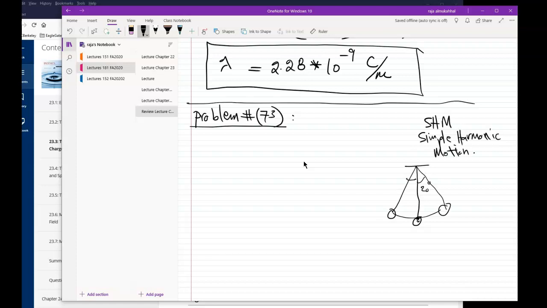Think of it like when you put your phone on vibration mode. You're holding the phone in your hand and somebody's calling you, and it's vibrating. You can feel the vibration in your hand, but you don't see it because the amplitude of the vibration is extremely tiny. You see what I'm saying? That's a good example of SHM.